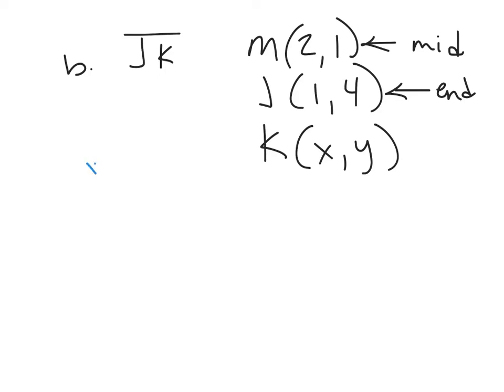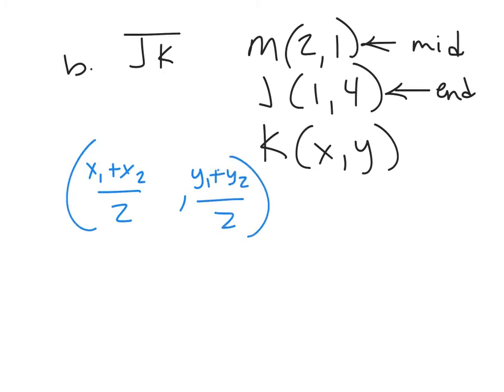So if I write x1 plus x2 over 2, y1 plus y2 over 2, what parts of that do we know? We can put 1 for x and 1 for y, right? So I could say 1 plus x, which we don't know, over 2.